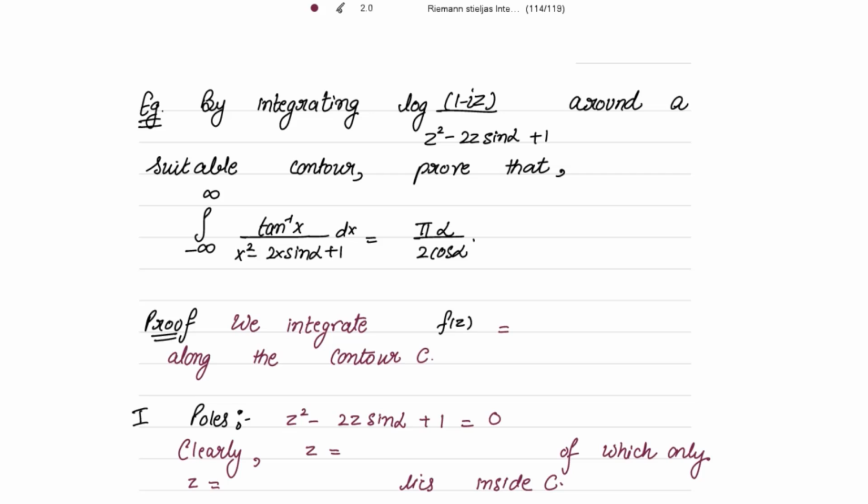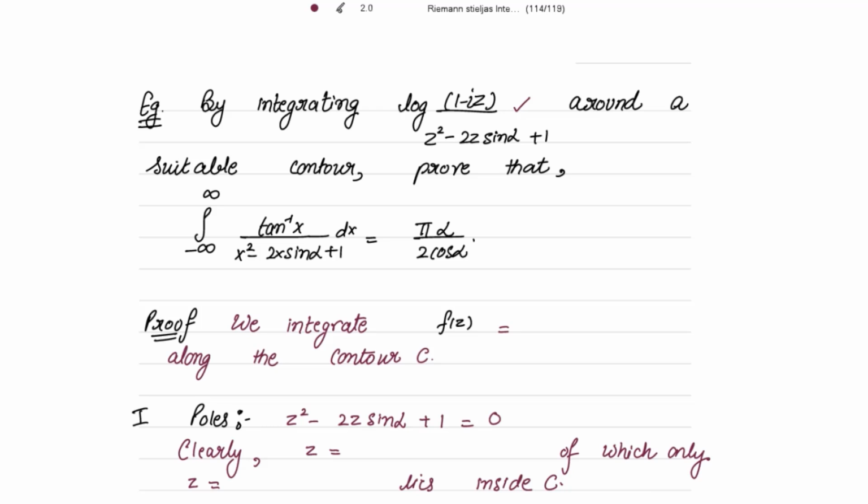If you look at this example, I need to prove this integration and also the function is given to me, which is in terms of z. So by starting our integration from this function, I will prove this result.